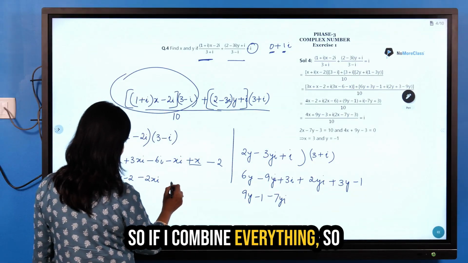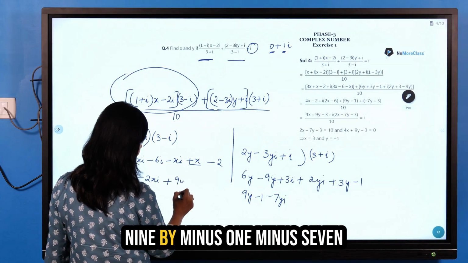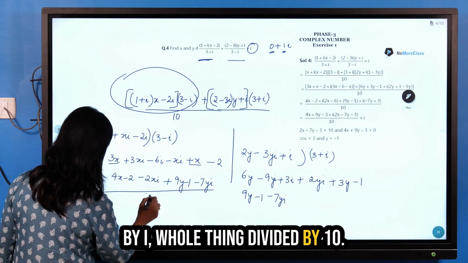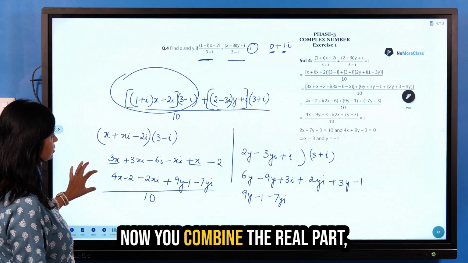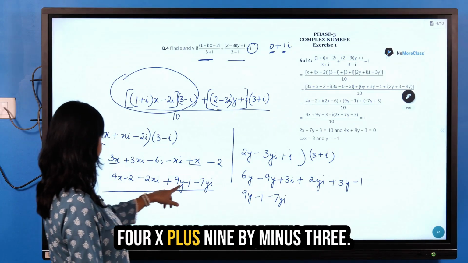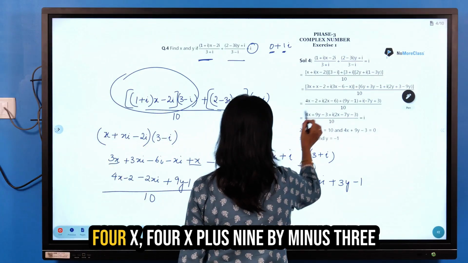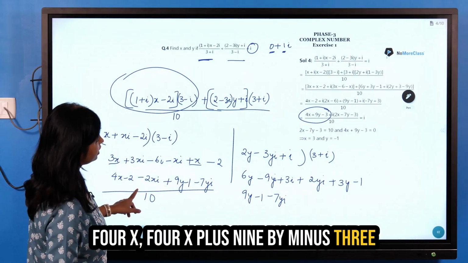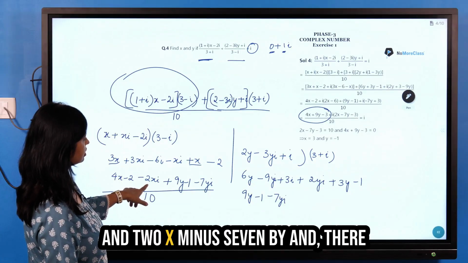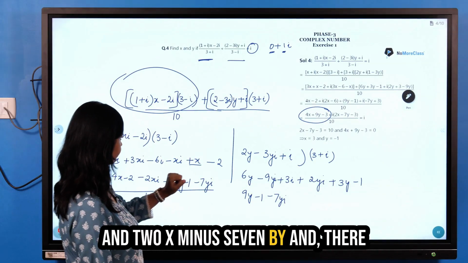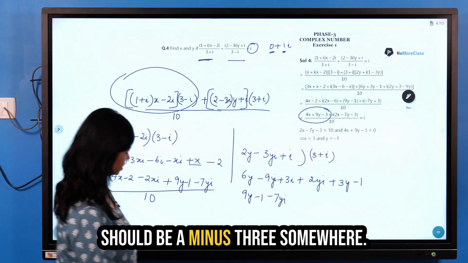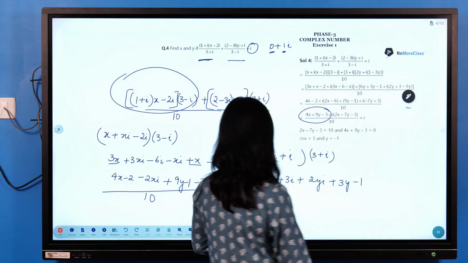So if I combine everything, (4x plus 9y minus 1 minus 7y i) whole thing divided by 10. Now you combine the real part, 4x plus 9y minus 3, and 2x minus 7y, and there should be a minus 3 somewhere.